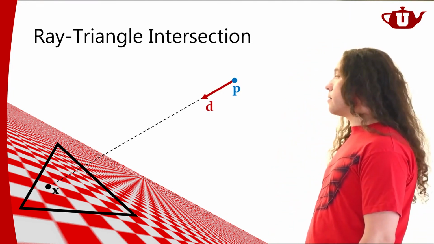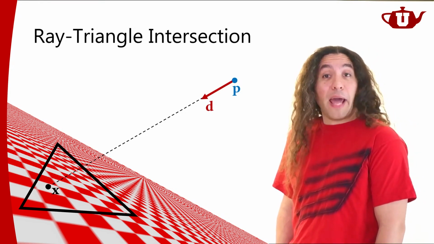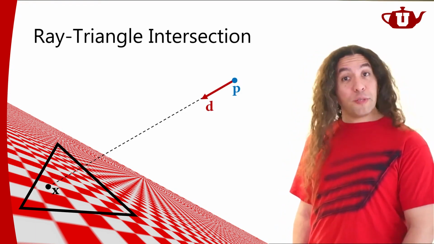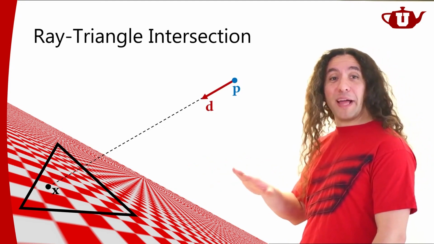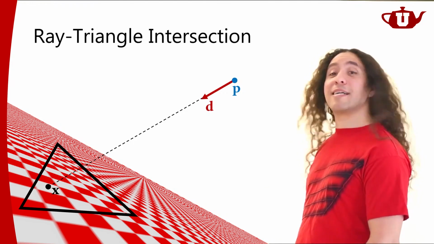And one way of doing this is computing the barycentric coordinates of x inside that plane. So it turns into a 2D problem now, because now we're on this plane, so you can convert this into a 2D problem and look at it as a 2D problem.